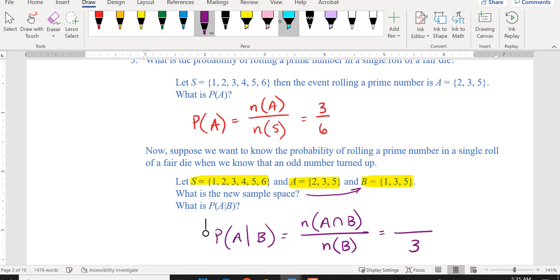Now, which ones are in both A and B? You've got 3 and you've got 5. So there's 2 events in both A and B. The probability of A, rolling a prime, given that you rolled an odd number, is going to be 2/3.